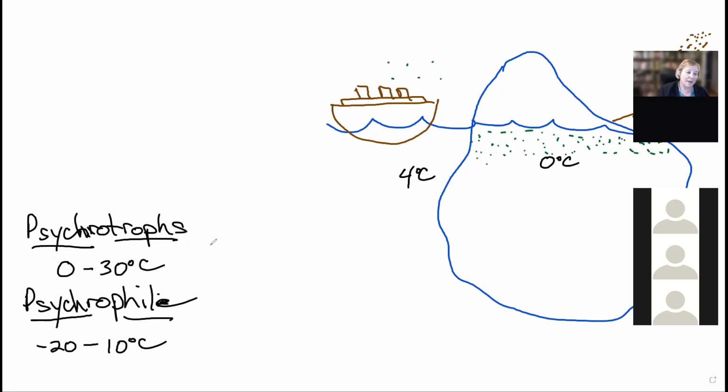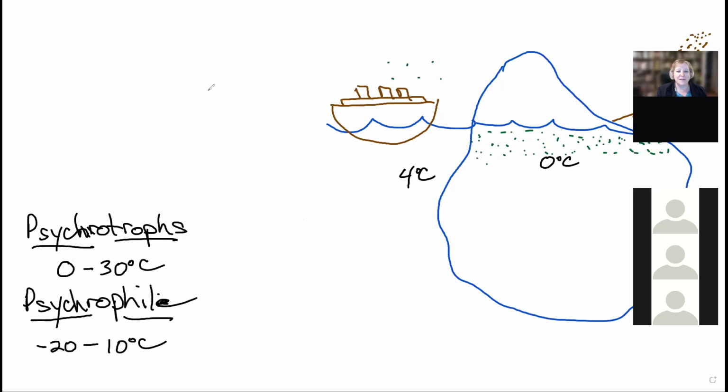We're talking getting up into the 80s, 80 degrees Fahrenheit. So we would call these psychrotrophs because they can grow when it's cold, but they do better when it's warmer. And they've got a broader range. So this is what we would consider seasonal, okay? Gets cold in the winter, but it gets pretty nice and warm during the summer, okay? So we've got that full range.